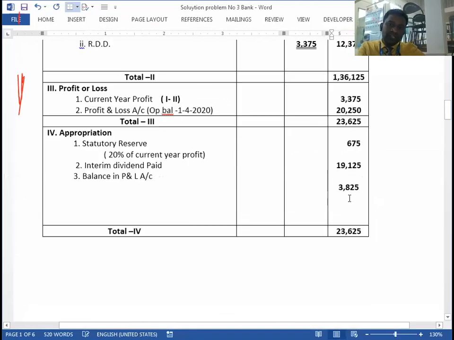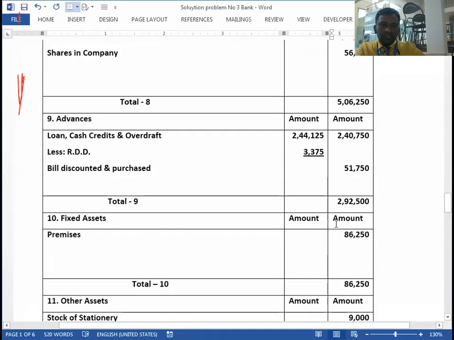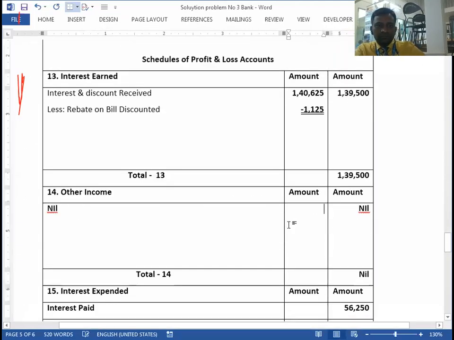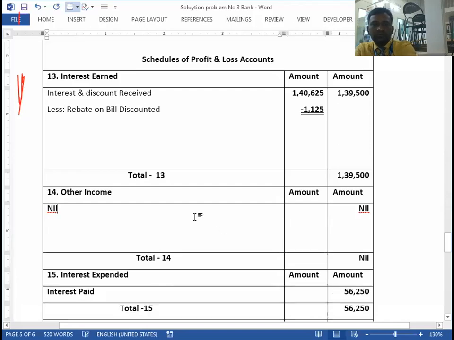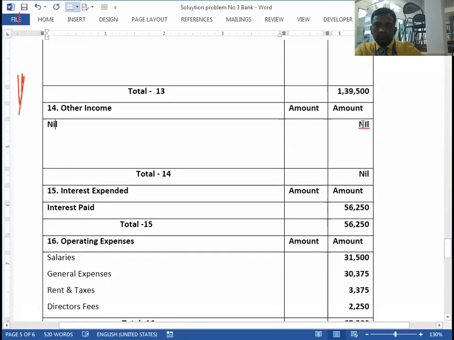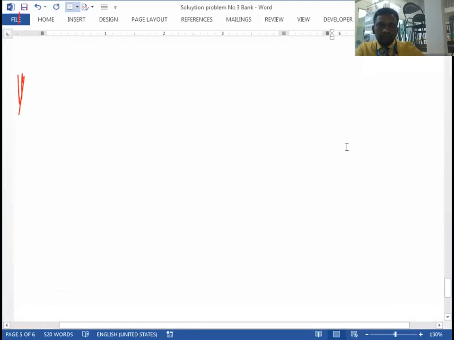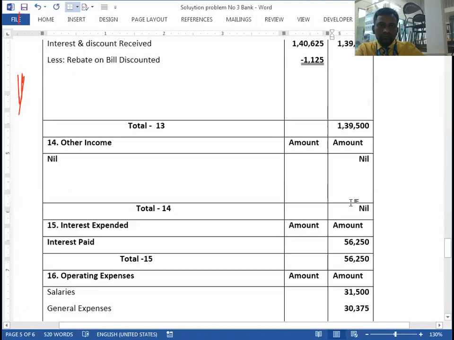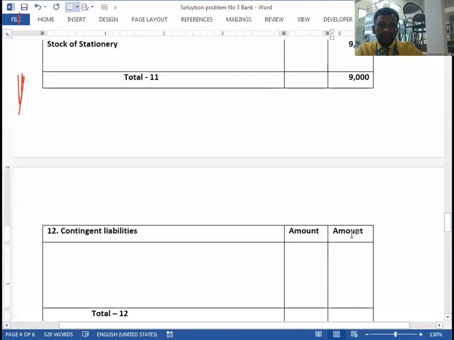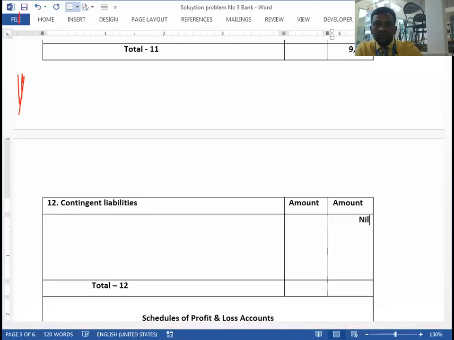There are no contingent liabilities in the present problem.